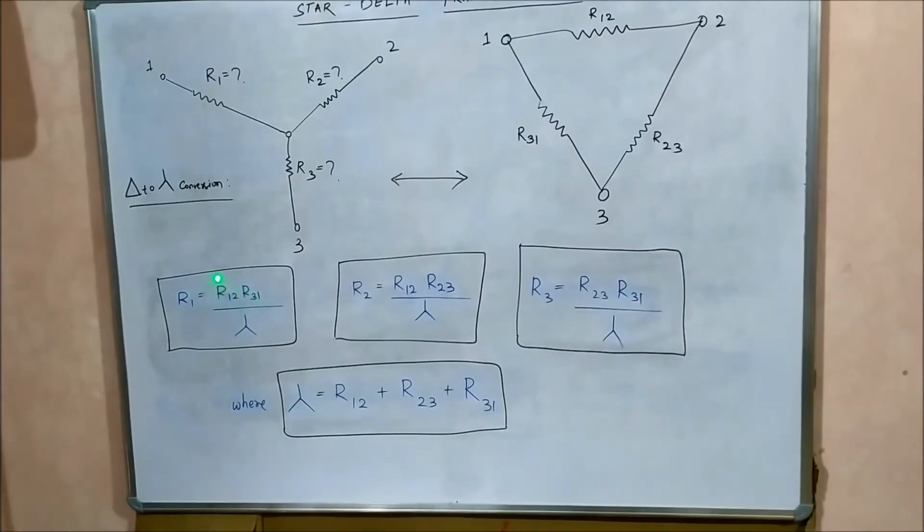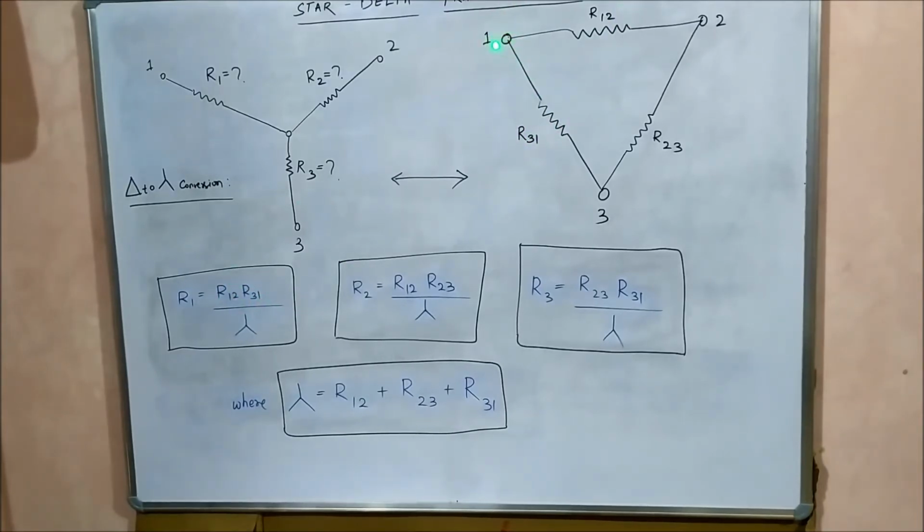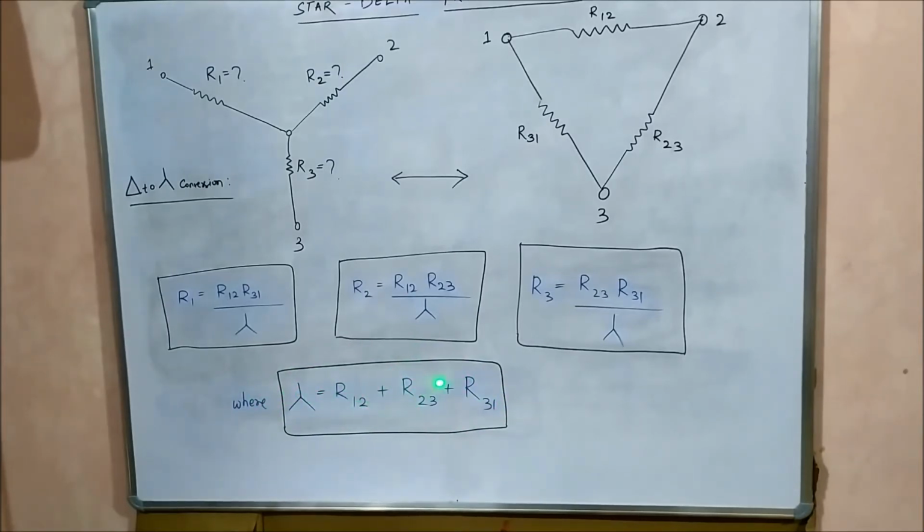Both the resistances R12 and R31 have 1 involved in them, which means one of their ends is connected to point 1. And the star is constant in the denominators of all three formulas, which is R12 plus R23 plus R31.